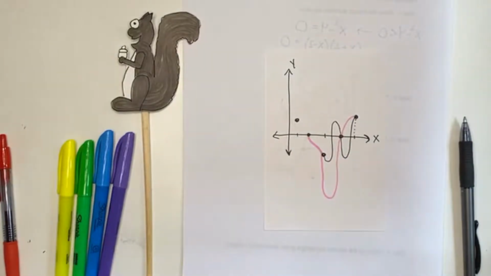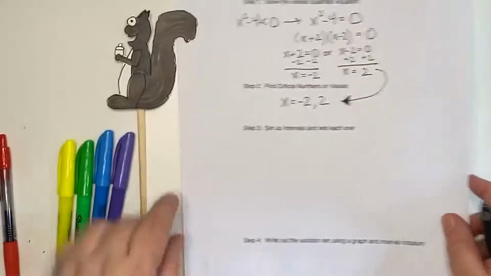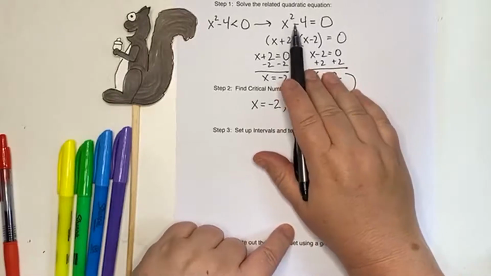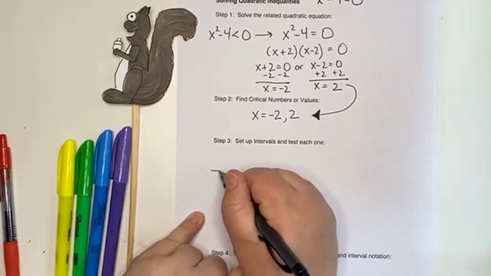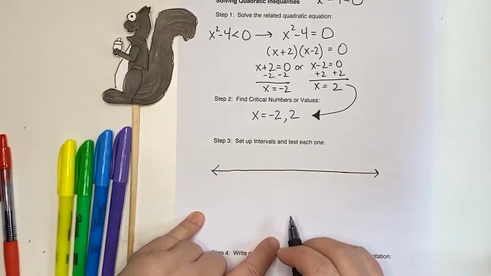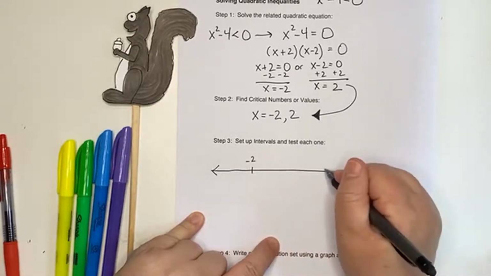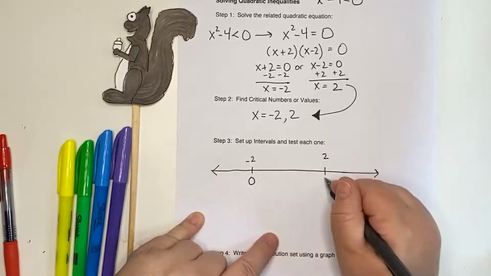So back to this page, if I know where the expression equals 0, it equals 0 at those 2 points. So just an x-axis to make things easier. I've got -2 and I've got +2. And I know it equals 0 here, and I know it equals 0 there.